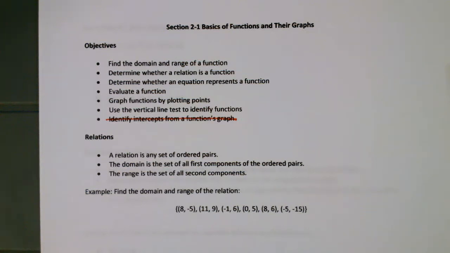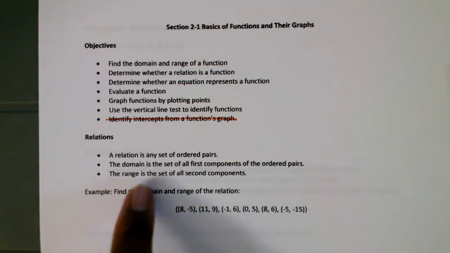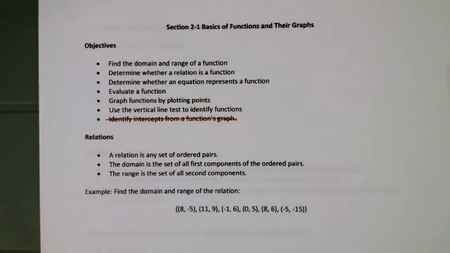Now, the domain is a set of all first components, or just the x coordinates of the ordered pairs, because ordered pairs are of the form x comma y. So the first component would be the x coordinate. And then the range is a set of all second components, which is going to be the y coordinates in this case, when we're dealing with ordered pairs.